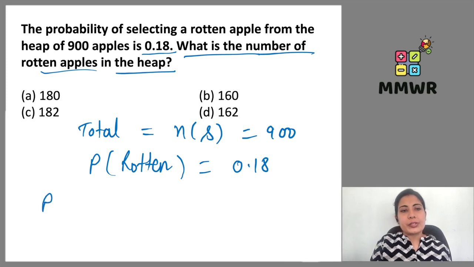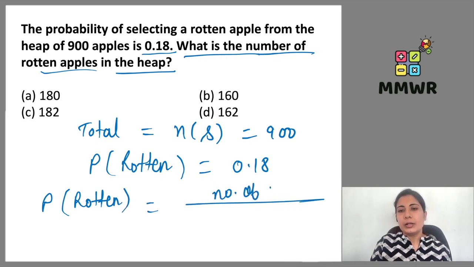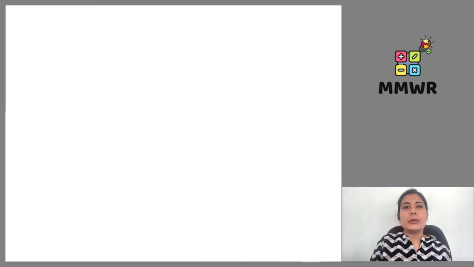So for that we first have to write down the probability formula. Probability of rotten apple will be number of rotten apples upon total apples. We can simply put the values in the formula.